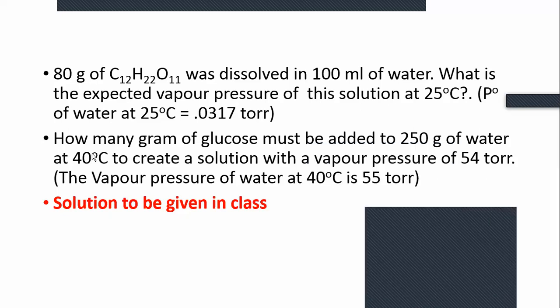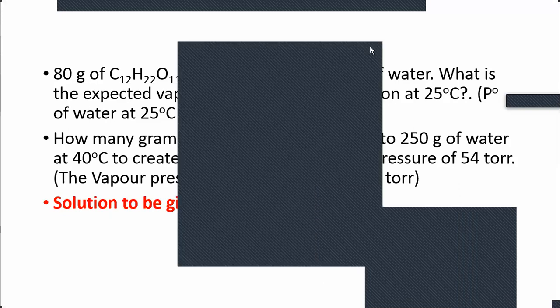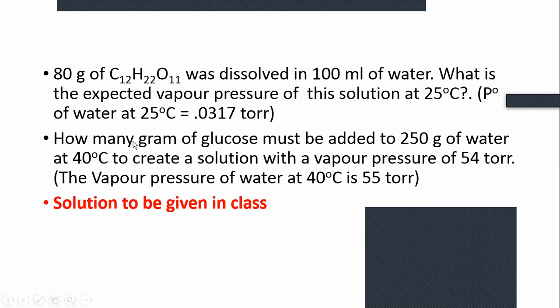Then the next question says, how many grams of glucose? Let's look at the second question. How many grams of glucose must be added to 250 grams of water at 40 degrees Celsius to create a solution with a vapor pressure of 54 torr? Now, remember, we are going to get the number of moles.